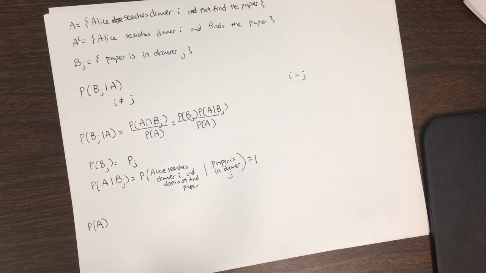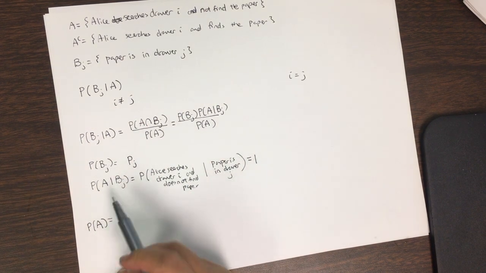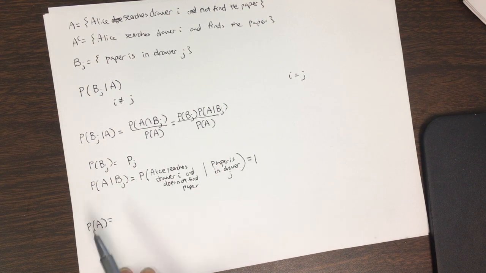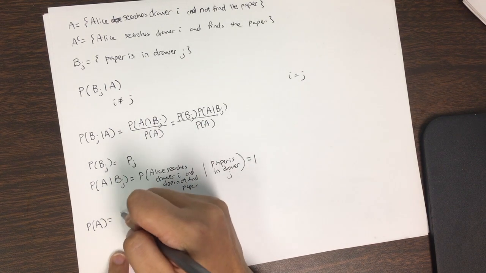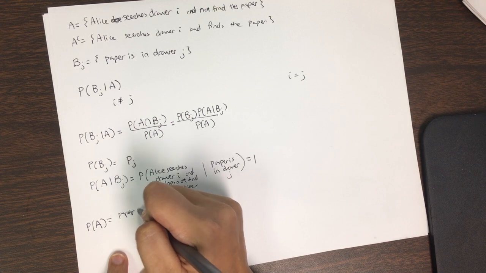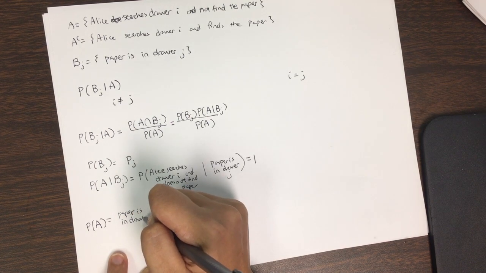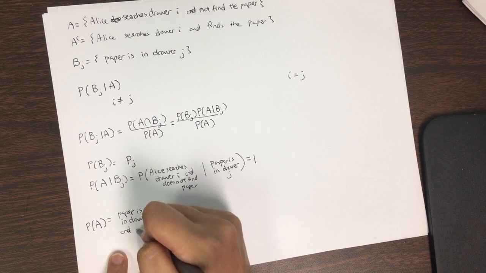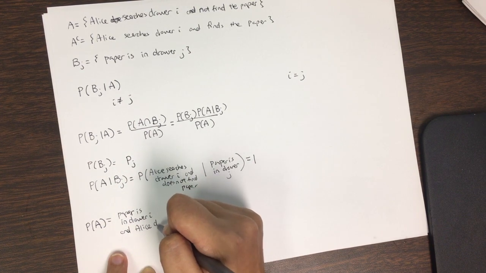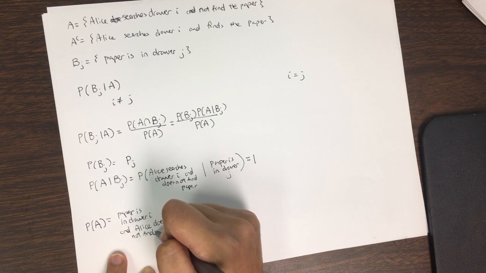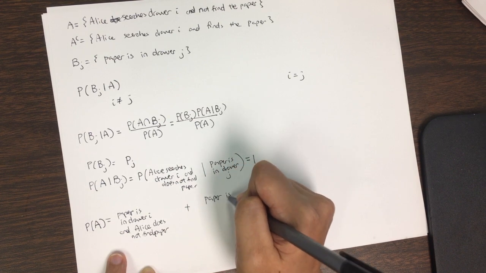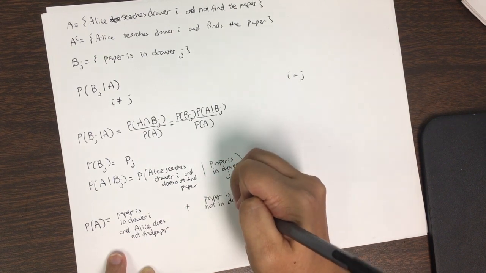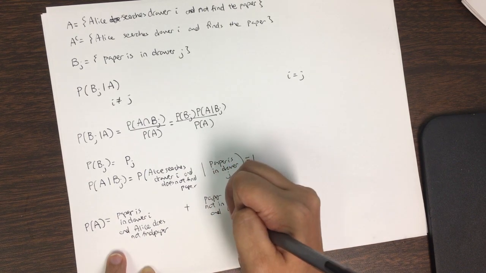So we know that this can happen, that she searches drawer I and does not find the paper, in two ways: the paper is in drawer I and Alice does not find the paper, or the paper is not in drawer I and Alice does not find the paper.